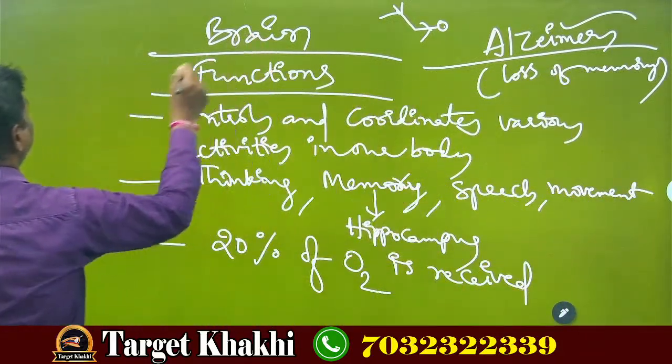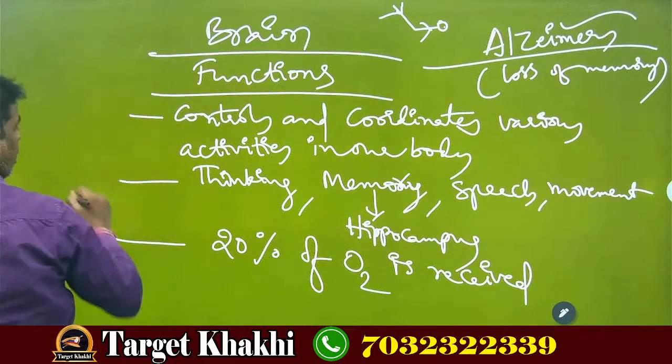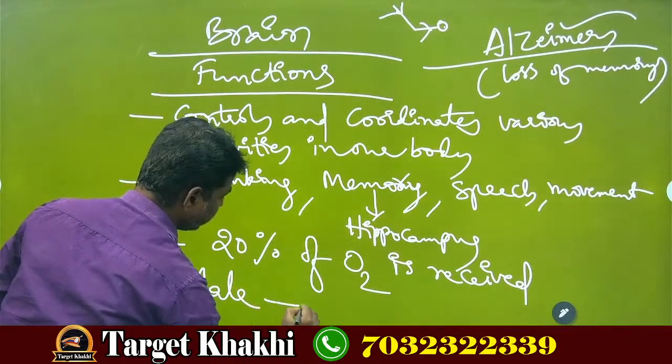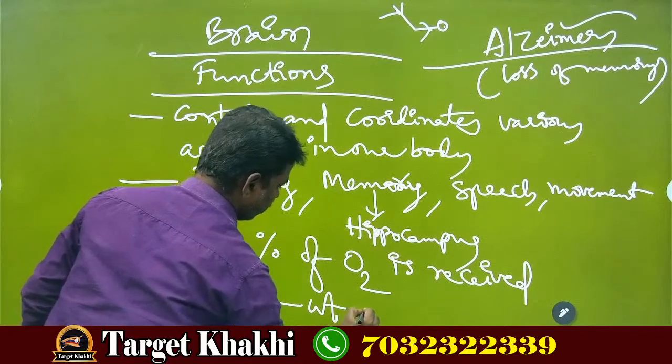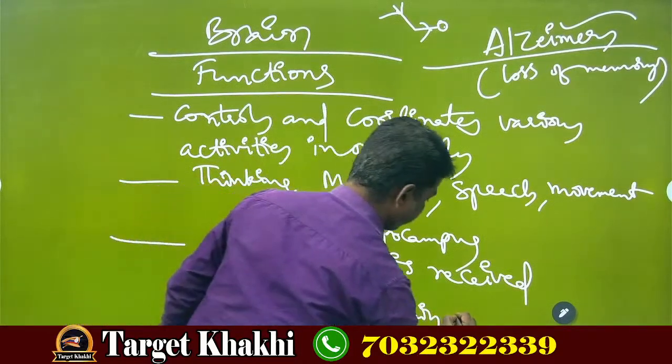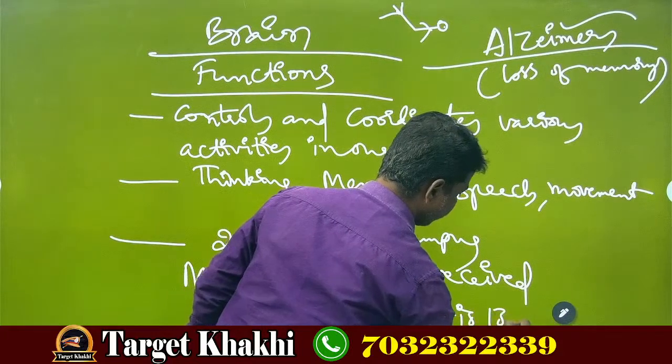Next, in male, the weight of the brain is 1375 grams.